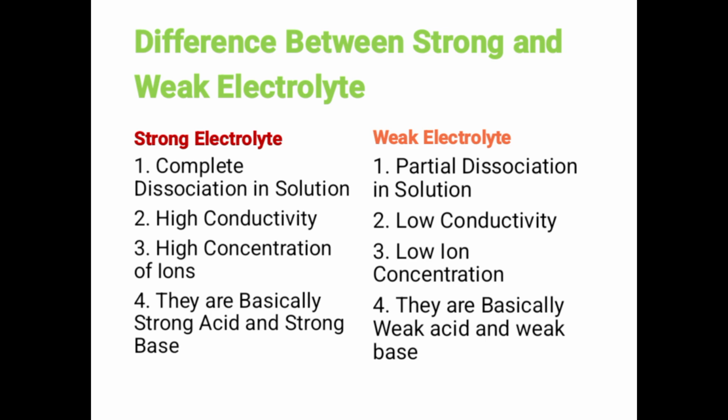For a strong electrolyte, there is a high concentration of ions. In a weak one, we have a low concentration of ions. And then strong electrolytes are basically strong acids and strong bases, and of course normal salts, while weak electrolytes are basically weak acids and weak bases.